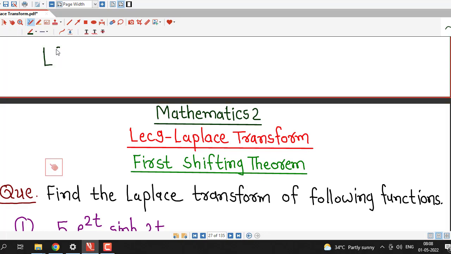We know that suppose the Laplace transform of f of t is a function of s, denoted by capital F of s.